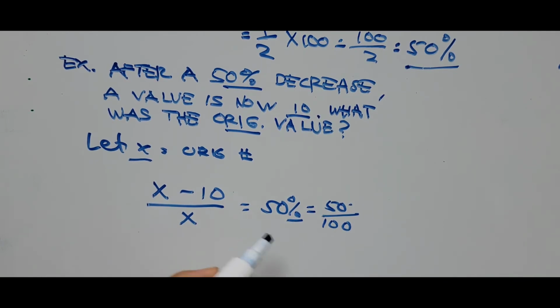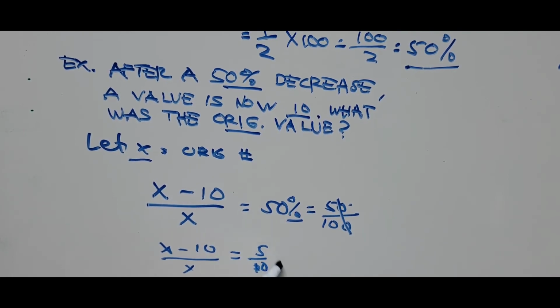That's 50 over 100, or 5 over 10, canceling zeros. And now the equation is x minus 10 divided by x equals 5 over 10.